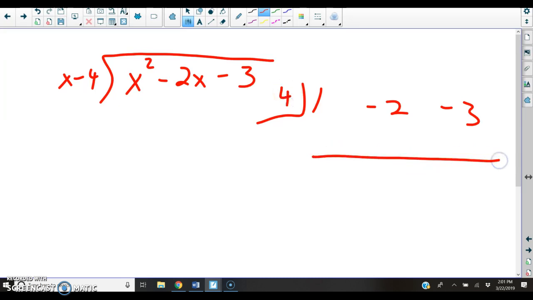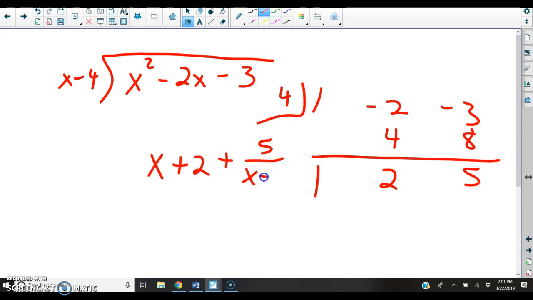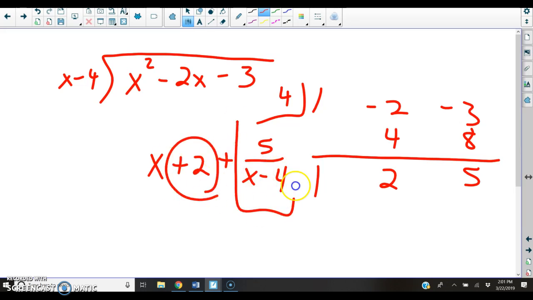Remember how we did synthetic division? 1, 4, 2, 8, 5. So this would be x plus 2 plus 5 over x minus 4. Right here is your asymptote, because eventually, when you put in big enough values of x, that has no meaning.